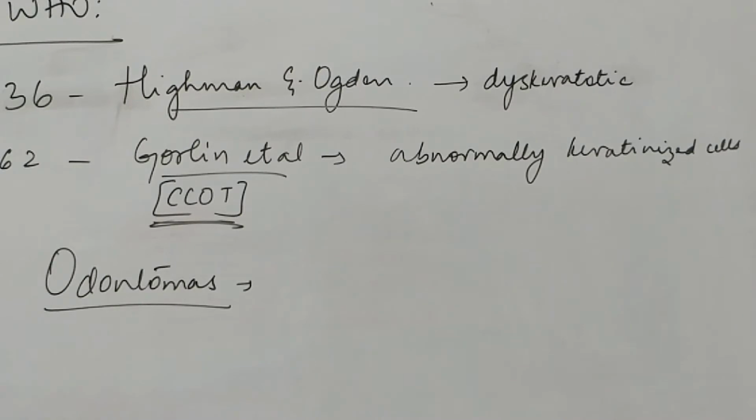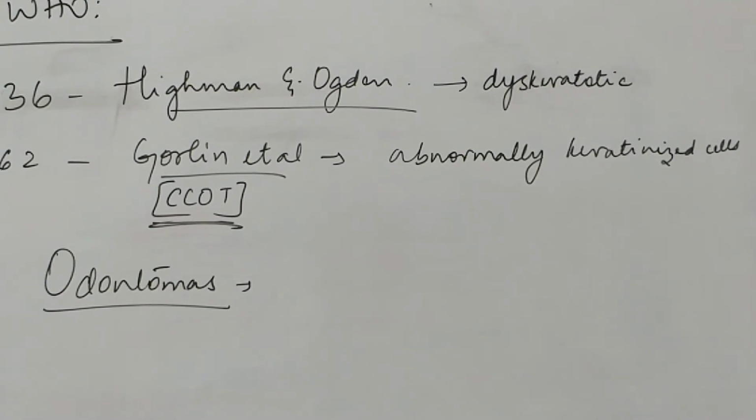So for a long time, authors and pathologists, even though they saw it, used to think it is nothing but dysplastic dentine. I don't know why they thought so, because we have seen that ghost cells occur in epithelium. Still, they used to think like that. Later, they actually described distinctively that ghost cells also occur in odontomas.